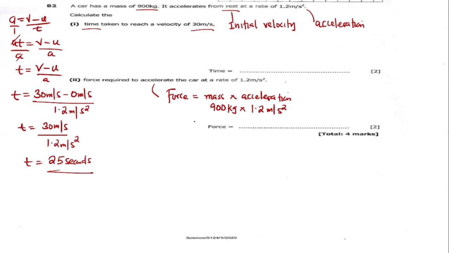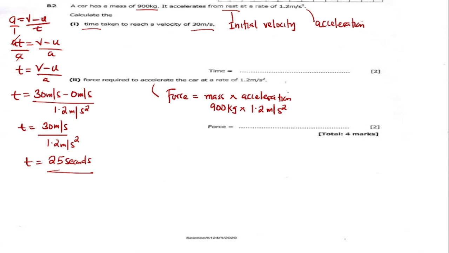Now kindly take note, whenever you are finding the force, you need to make sure that the mass is in kilograms. If that mass is in grams, you have to convert it into kilograms by using the quantity where 1000 grams are equivalent to 1 kilogram.